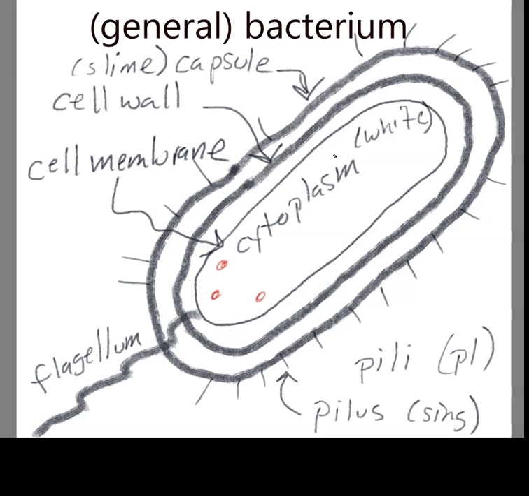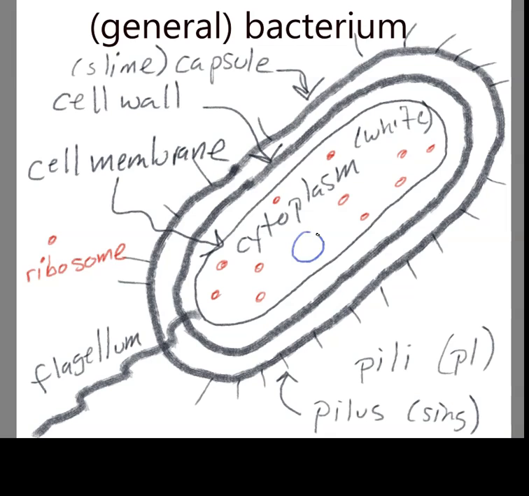What all bacteria are going to have floating around inside of the cytoplasm, floating around in the water of the cell, we have this important thing called a ribosome, and ribosomes are going to make chemicals that help keep the bacteria alive.